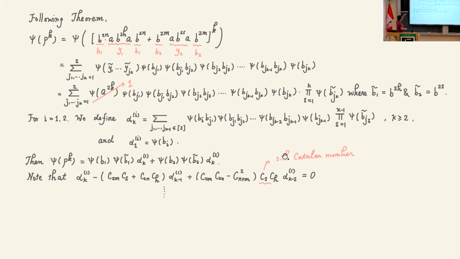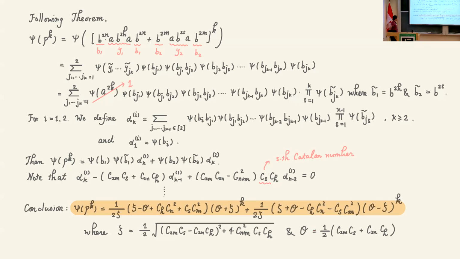And this problem can be solved by solving this recurrence relation, where all the C are Catalan numbers. So you can convert the problem to solving the recurrence relation of this equation. And it turns out we got a precise formula for P_k, which is this pattern.